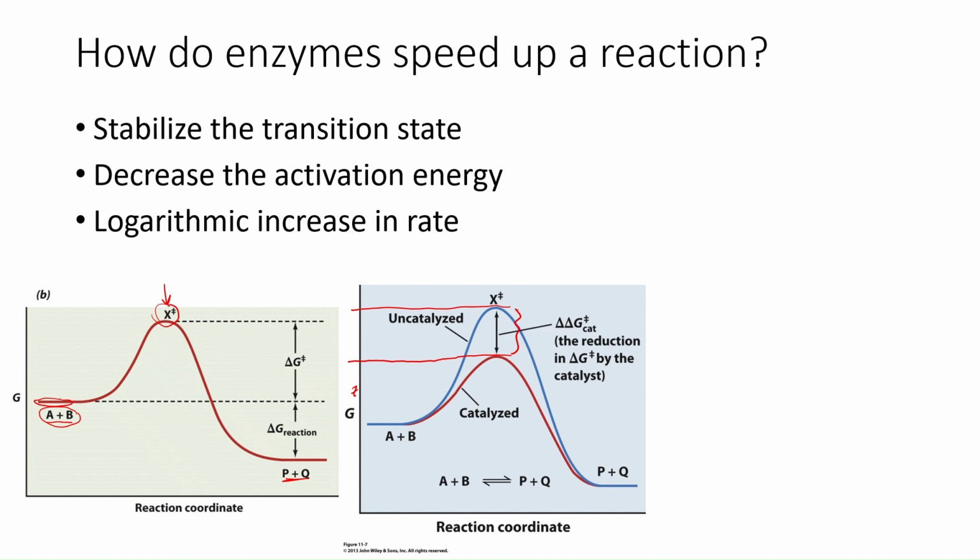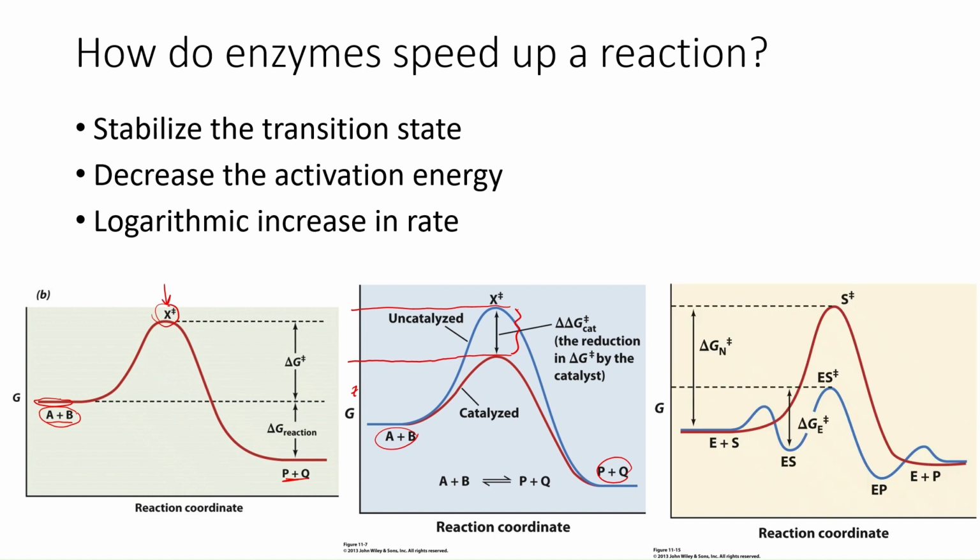At the same time, we have this change in the activation energy, but we do not have any change in the energy level of the reactants or of the products. The only thing that changed is that activation energy. And so this middle diagram is showing what happens for any catalyzed reaction, regardless of what type of catalyst you're using.